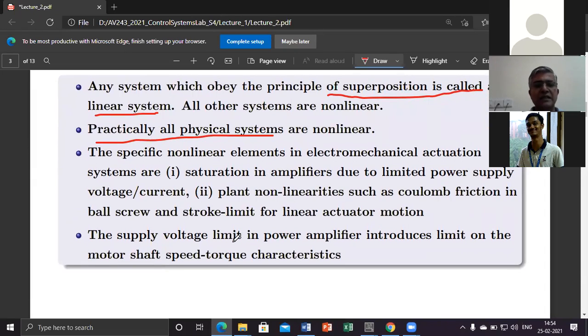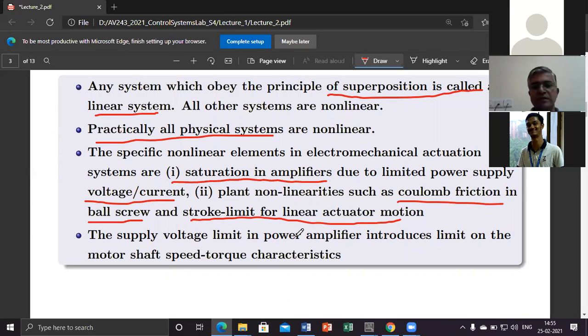Now we are considering specific nonlinear elements in electromechanical actuator system. First one is saturation in amplifiers, due to limited power supply voltage or current. Second is plant nonlinearity such as Coulomb friction in ball screw, then stroke limit for linear actuator motion.